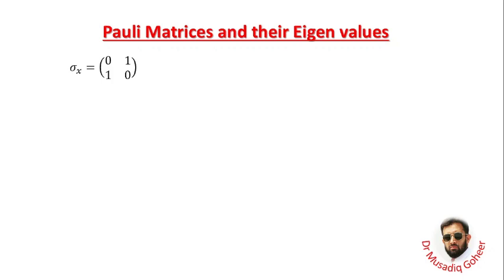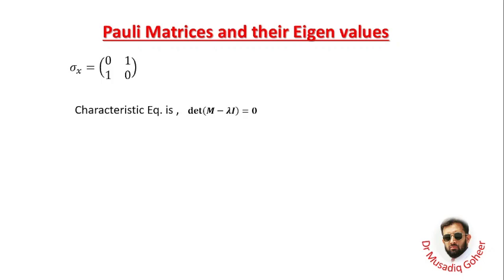Let's suppose here we have a Pauli matrix X whose matrix is given here, and these Pauli matrices include the information about the spin of the qubits and the characteristic equation. First of all, we will evaluate the eigenvalues of Pauli matrices.